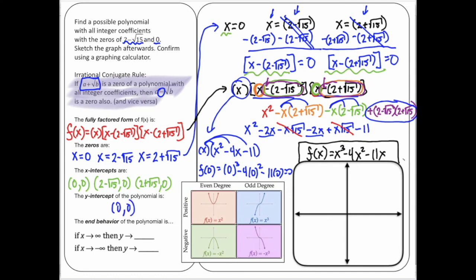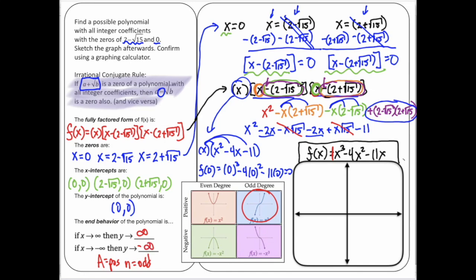Okay. End behavior, we're looking at this guy right here. And so we know a is positive and n is odd. So positive and odd, we know that we're going to go ahead and have this type of action.